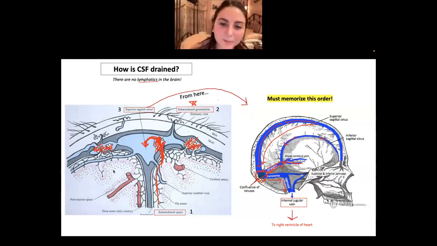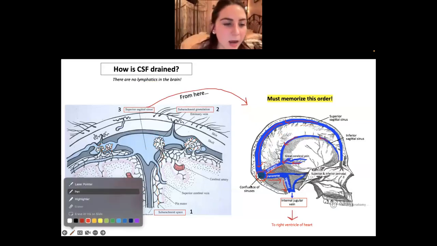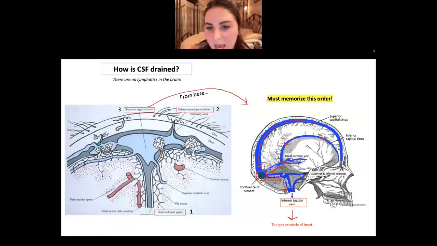And then from the confluence of sinuses, it drains to the transverse sinus, then the sigmoid sinus, and then the internal jugular vein, and then it goes to your right ventricle. So this is how we're draining not only the arteries of the brain, but also the cerebrospinal fluid, because it's able to get through this venous system through the superior sagittal sinuses.